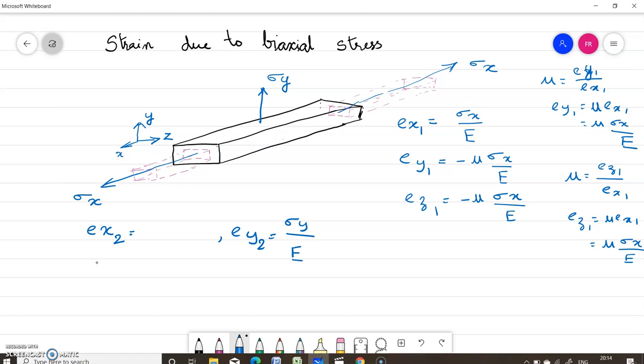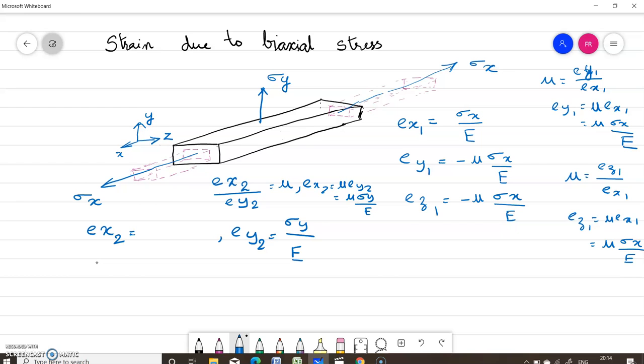Due to this stress in the y direction, what is the strain in the x direction? You can write Ex2 by Ey2 is equal to mu. Therefore, you will get Ex2 is equal to mu into Ey2, that is mu into sigma y by E.